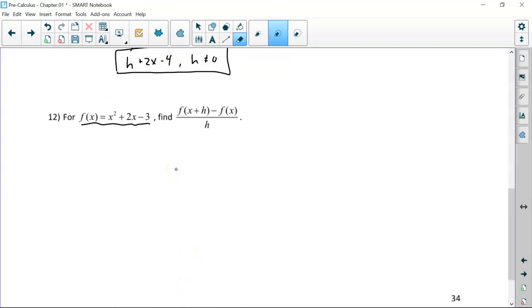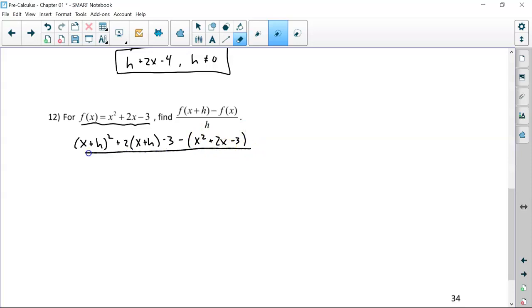So for number 12, it's the same type of problem, except f of x now equals x squared plus 2x minus 3. So instead of writing x squared, it's going to be x plus h squared plus 2x, so 2 times the quantity of x plus h, minus 3, minus the entire f of x, so minus the quantity of x squared plus 2x minus 3.